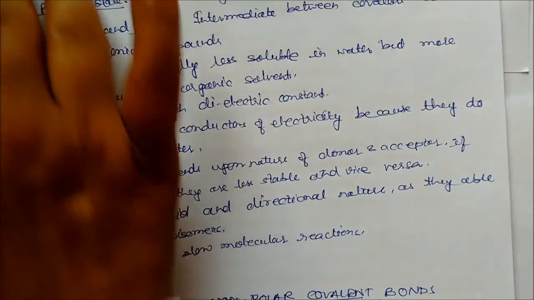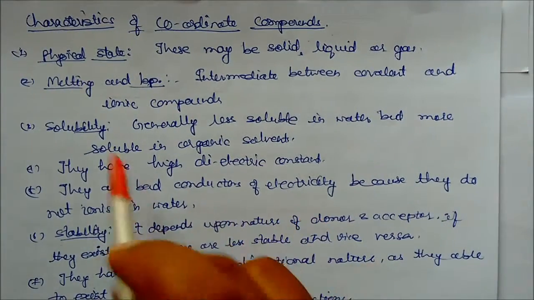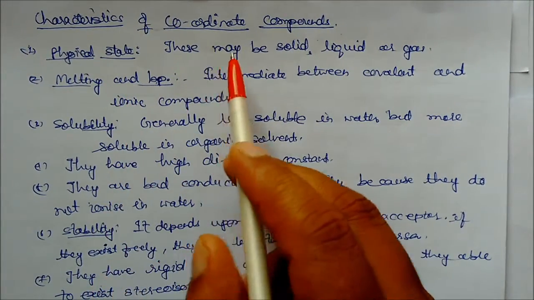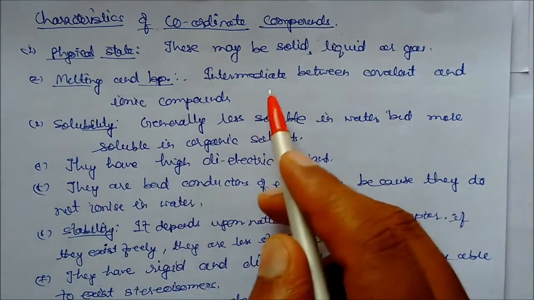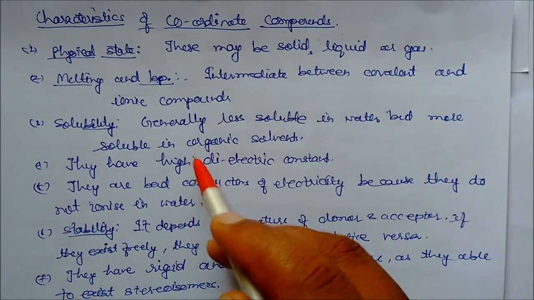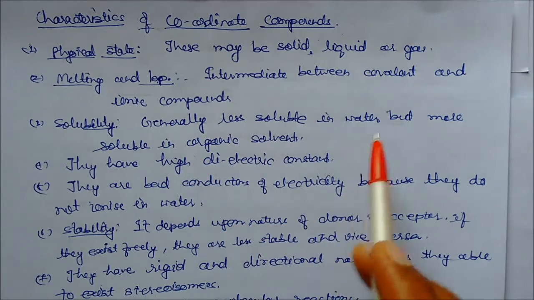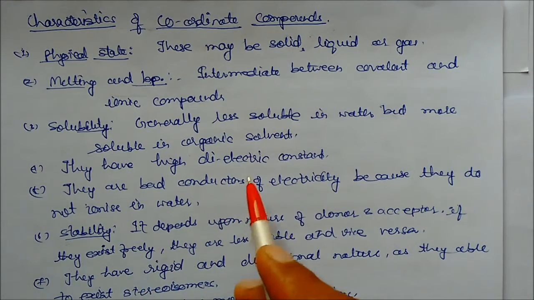Now after this we can see next is characteristics of the coordinate compound. In physical states, this may be solid, liquid or gas. Melting and boiling point are intermediate between covalent and ionic compounds. Solubility, generally they are less soluble in water but more soluble in organic solvents, and they have a high dielectric constant.